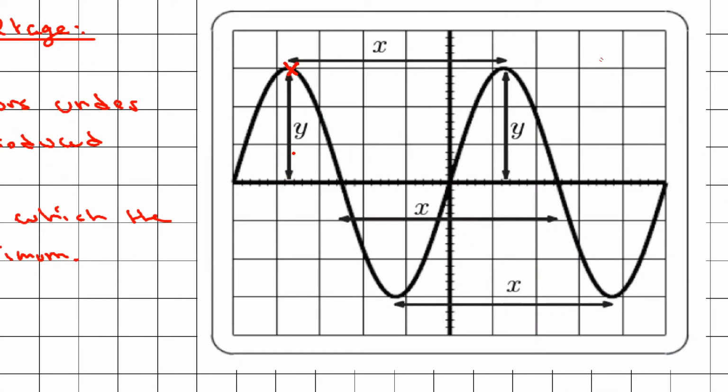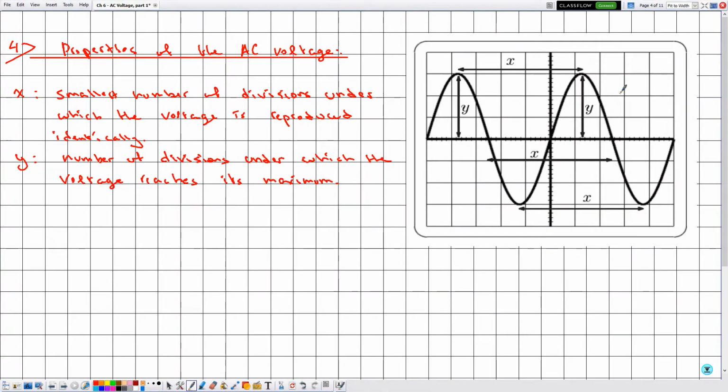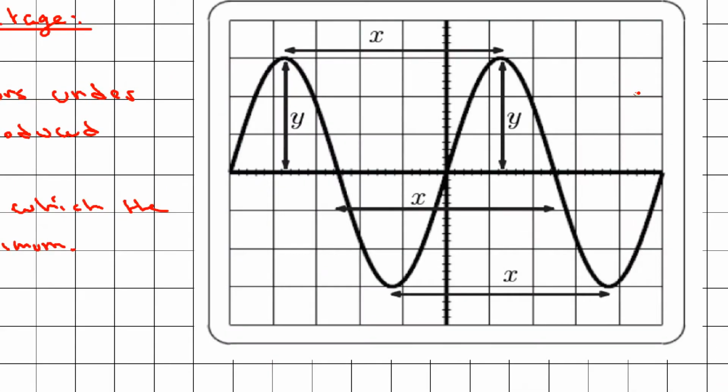Then the number of divisions is simply given by 1, 2, 3. Now we can determine the value of Y by considering any peak. If you consider this peak, then the number of divisions in this case is also given by 1, 2, 3. Okay.